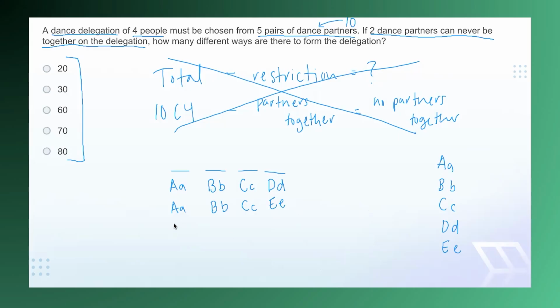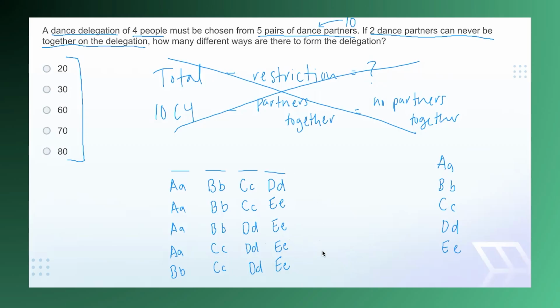Continuing on, I could have an A, a B, a D, and an E. I could have an A, a C, a D, and an E. Or I could have a B, a C, a D, and an E. So I can see that there are 5 different combinations of pairs that work here.